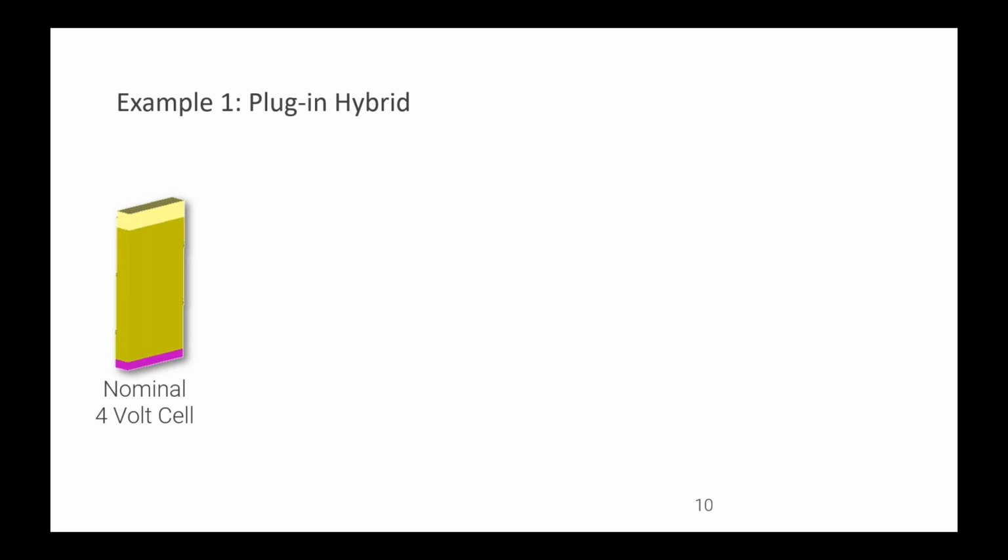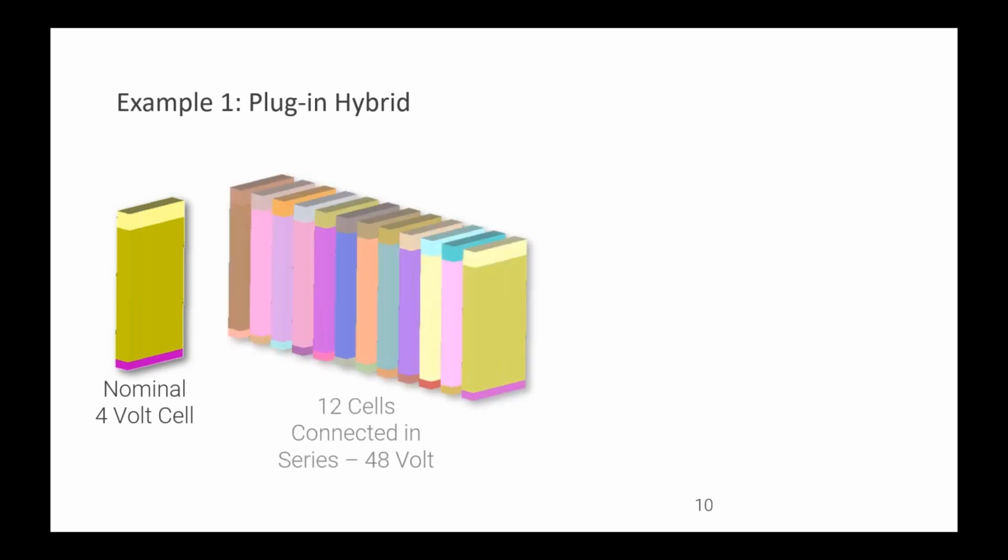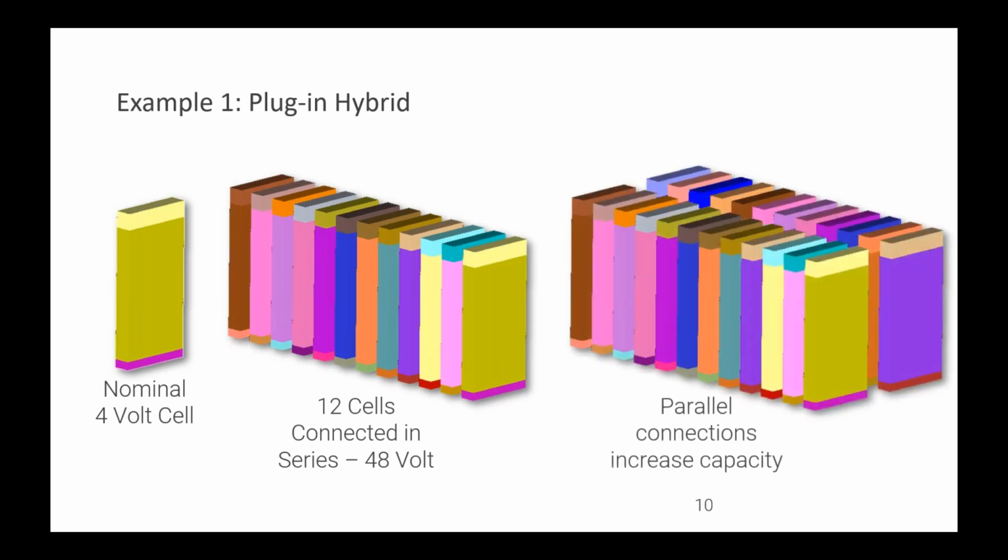It depends on what manufacturer you're going to, but it's a high capacity, compact means of storing energy. And we're going to connect these 12 cells in series to have a 48 volt pack voltage, and then connect those modules with parallel connections to increase the capacity of the pack.